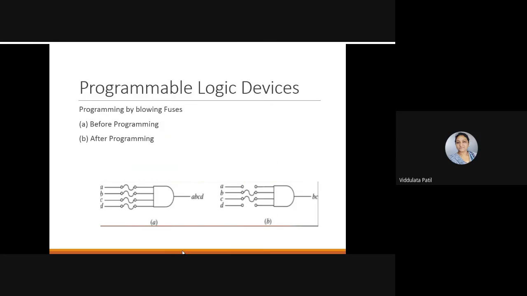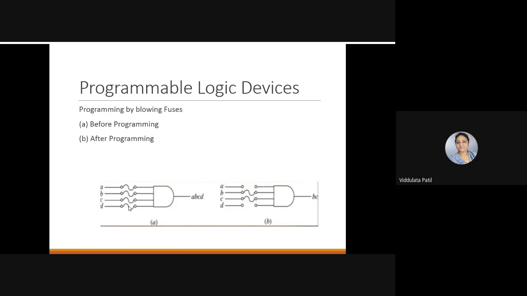Now, how are we actually programming these logic devices? We are programming them by blowing fuses. There are certain fuses between the inputs and the logic gate.